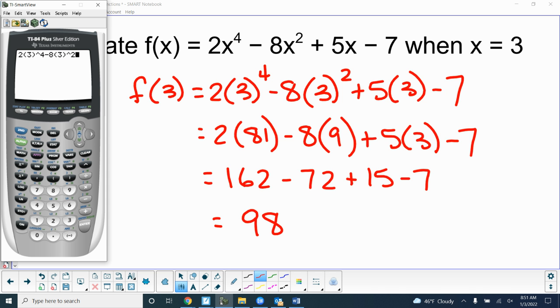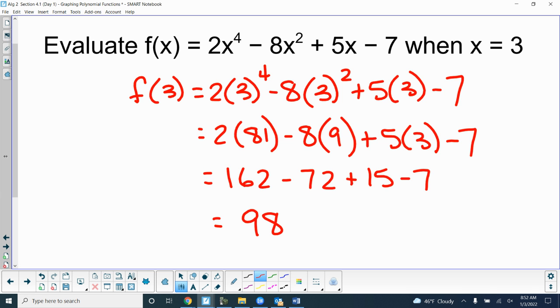You could have hit the squared button for that one if you wanted. Check our work. We got 98. Okay? So you can use your graphing calculator. No problem with that. Okay?